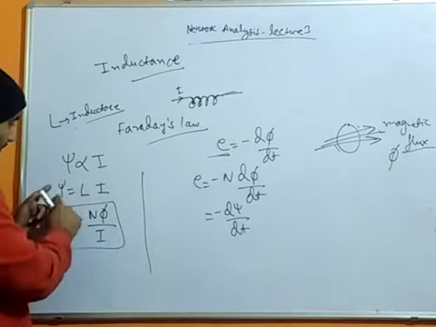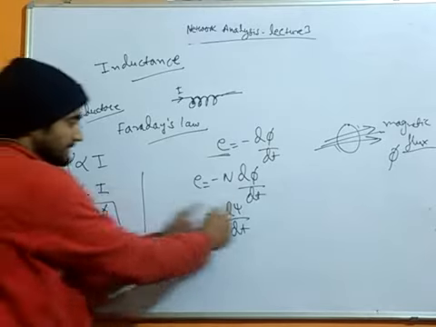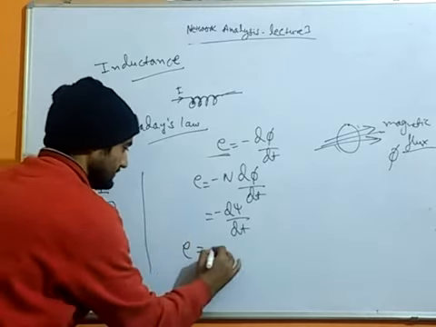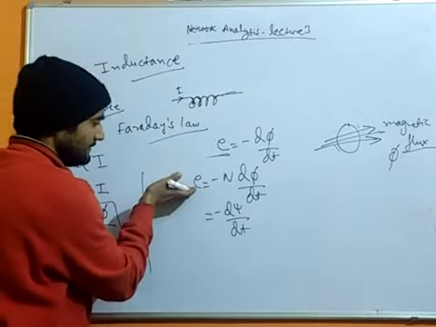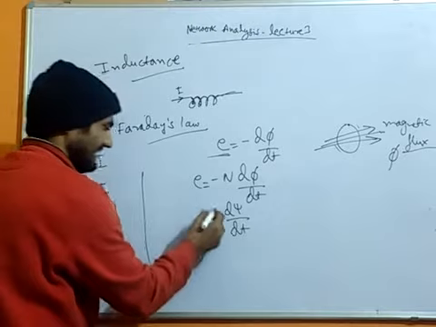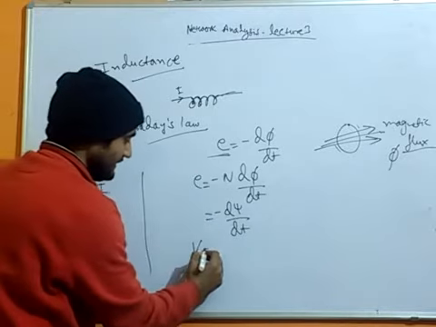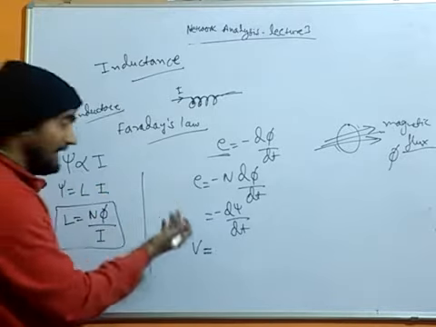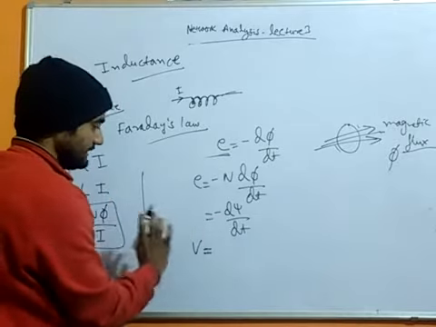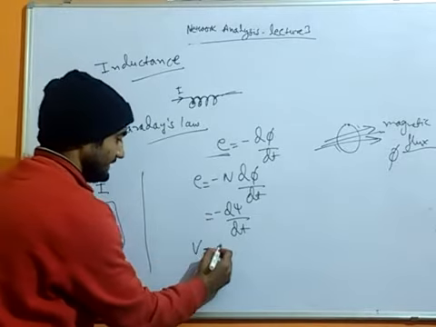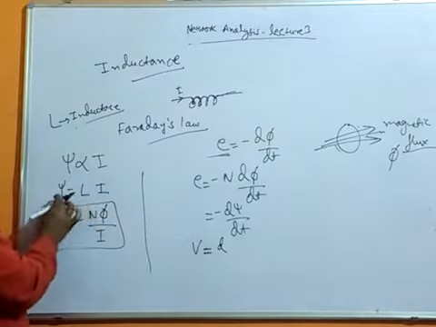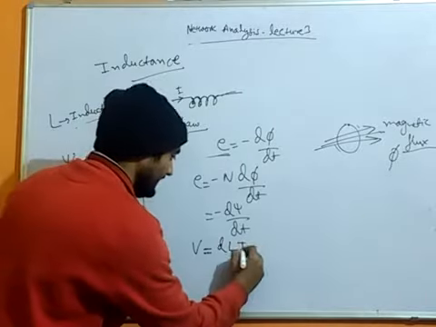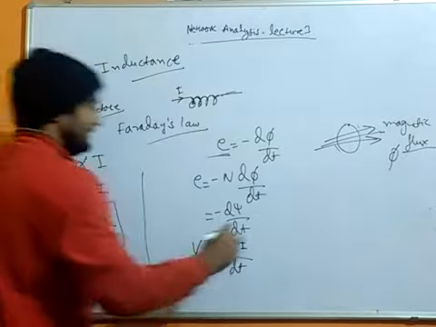Now here we can put psi as Li. In terms of voltage we can write V instead of E, and I will omit the minus sign because it is just showing the direction, so no use of that in the present situation. I am interested in the magnitude only. So V equals d of Li upon dt.